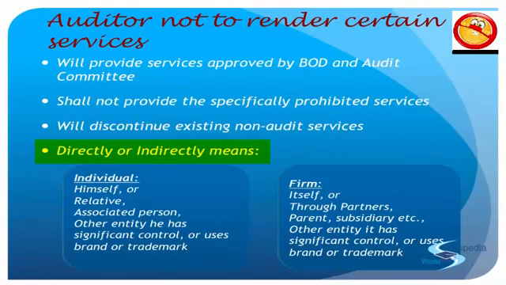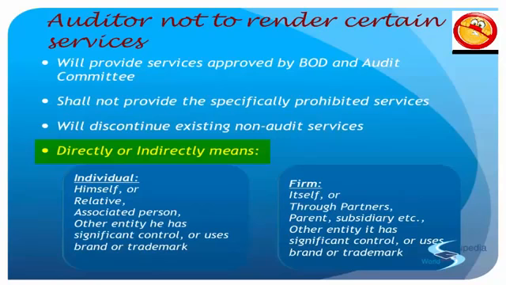So again, if I go ahead to narrate the entire Bare Act for you, it is that in the case of an auditor being a firm, either itself or through any of its partners, or through its parent, subsidiary or associate entity, or through any other entity whatsoever in which the firm or any partner of the firm has significant influence or control, or whose name or trademark or brand name is used by the firm or any of the partners.